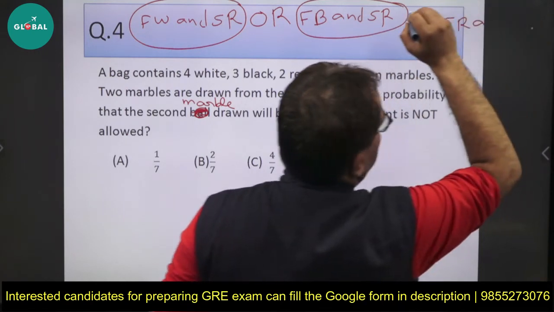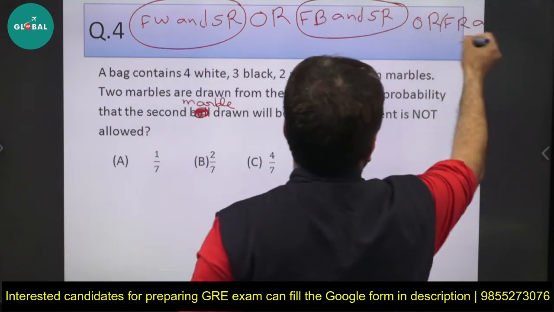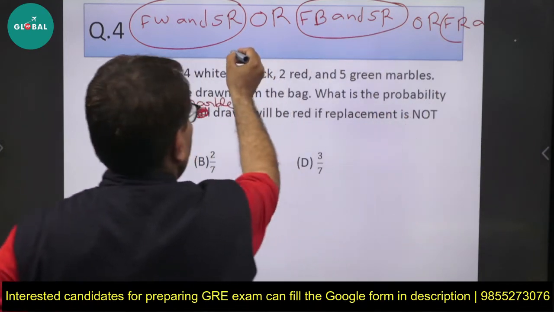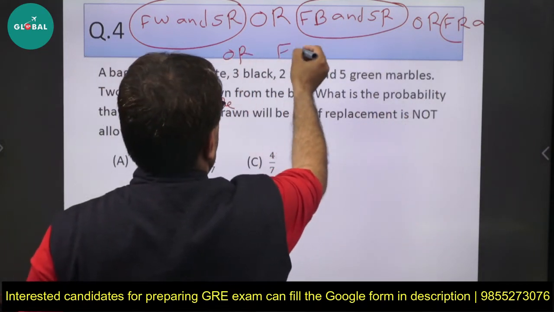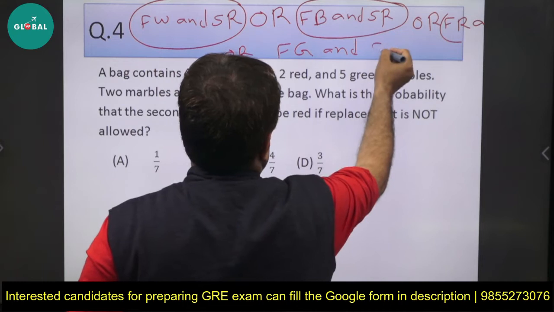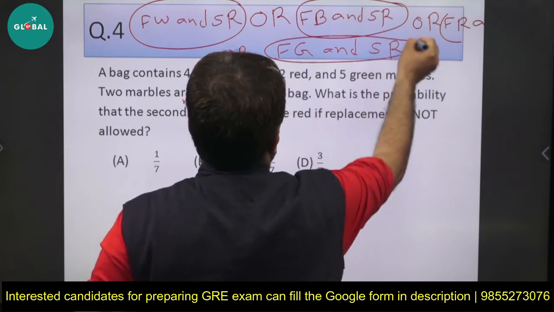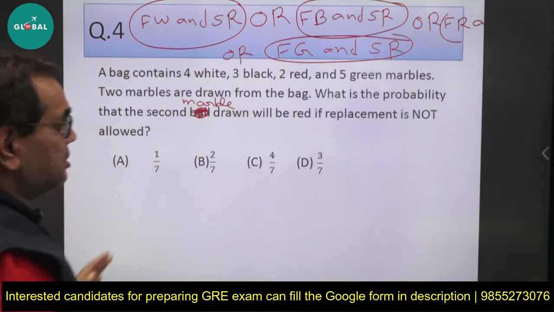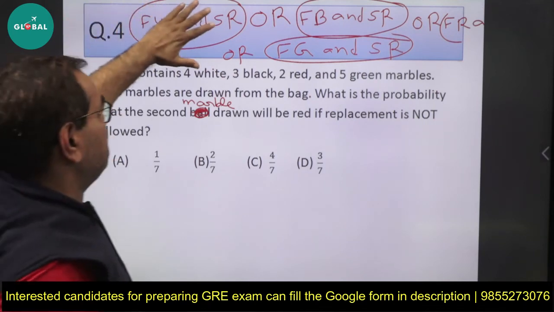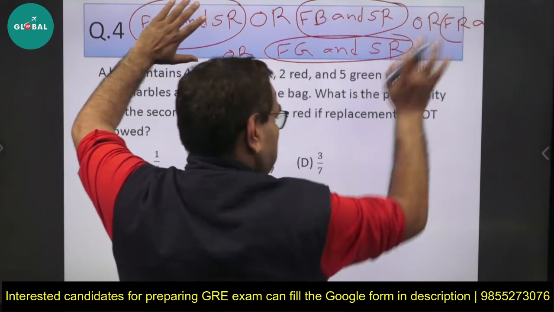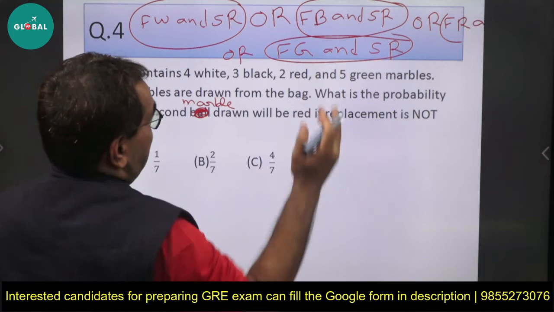First red and second red, or first green and second red. So these are all mutually exclusive events actually. If this one is true, these three are not going to be true.